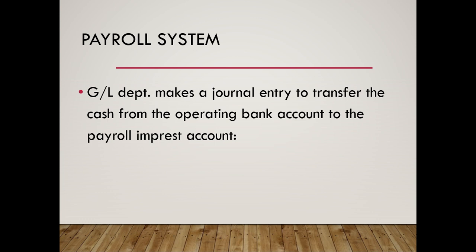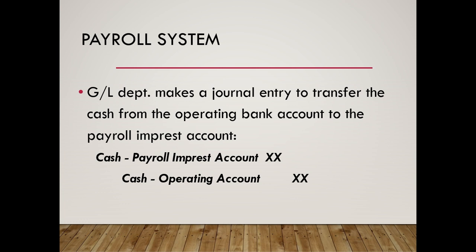So when there is an operating bank account, all the money is there, and the payroll account needs to be funded because we are about to distribute the money. So we simply transfer the cash from the operating cash to the payroll imprest: debit cash, credit cash.